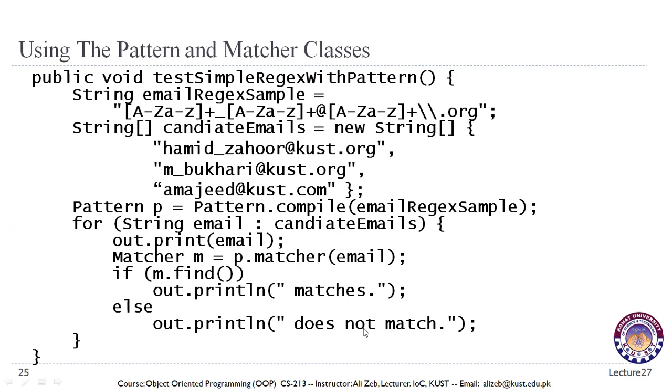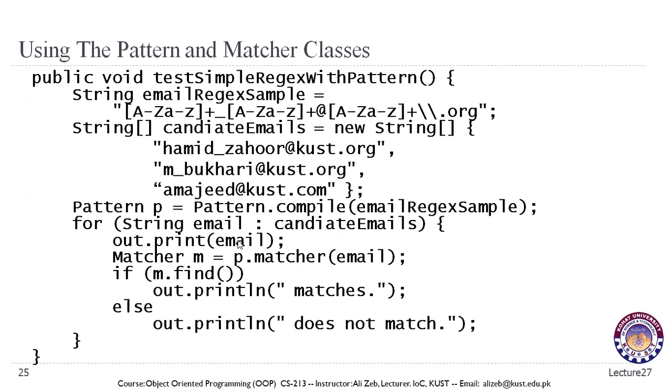So what we are doing over here is creating an object of the Pattern class, and storing a compiled version of our regular expression in that Pattern object. Next, we are going through our set of email IDs, trying to match each email ID with this pattern, and storing the result in an object of the Matcher class m.